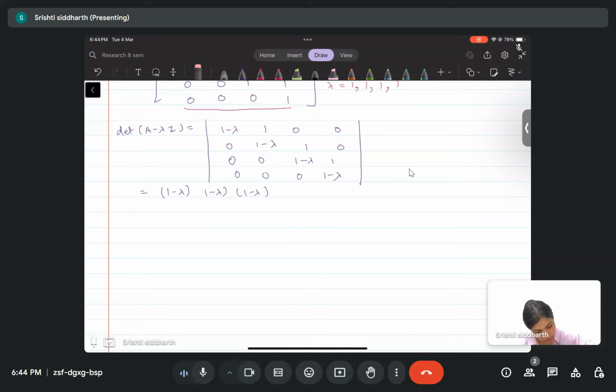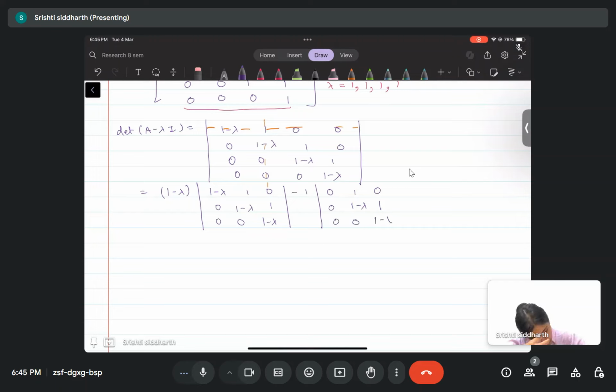Just a second. 1 minus lambda times the determinant of this matrix, and then minus 1 times the determinant of this matrix. So this goes away, this goes away. So this is 0, 1, 0, 0, 1 minus lambda, 1, 0, 0, 1 minus lambda.